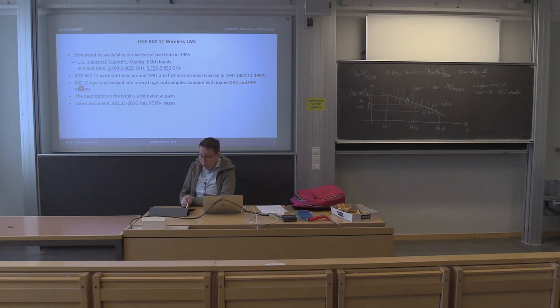So today 802.11 has evolved into this super complex and large standard. The latest document is about 3,500 pages. Now, out of these 3,500 pages, maybe 2,000 pages are not used.